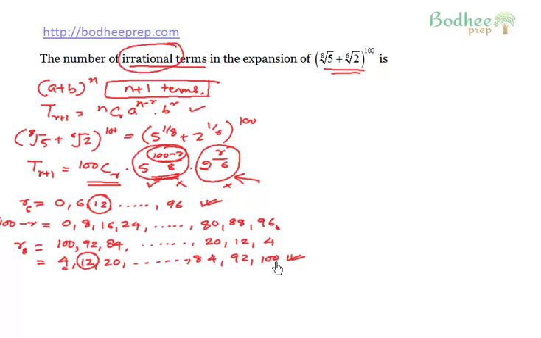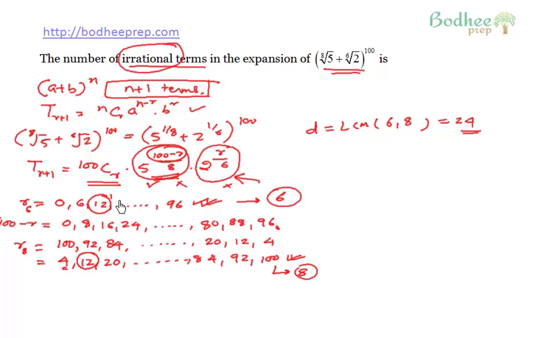Now how do we find the common terms? If two arithmetic progressions are given, we find the first common term and then the common difference. The common difference d is given by the LCM of the common differences of the two series. Here the common differences are 6 and 8, so the LCM of 6 and 8 is 24.